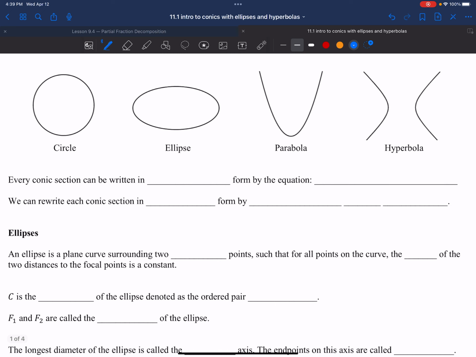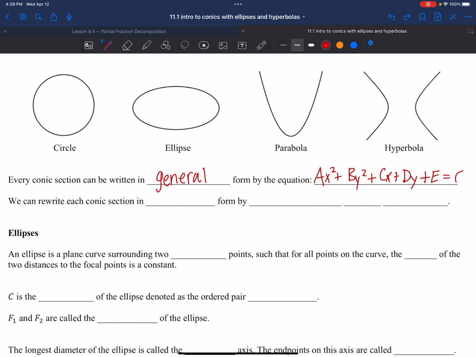Now, each of these conic sections we can write in general form. It's kind of long. It's ax squared plus by squared plus cx plus dy plus e equals 0.